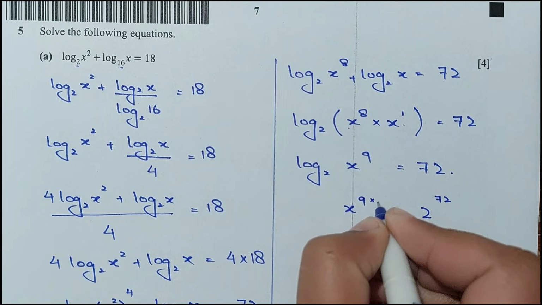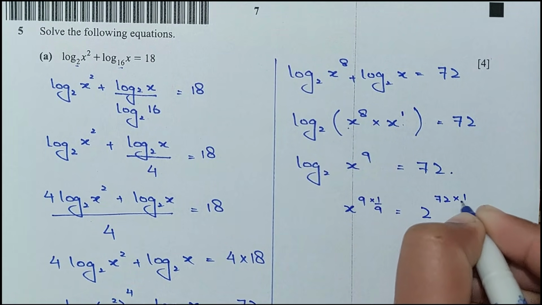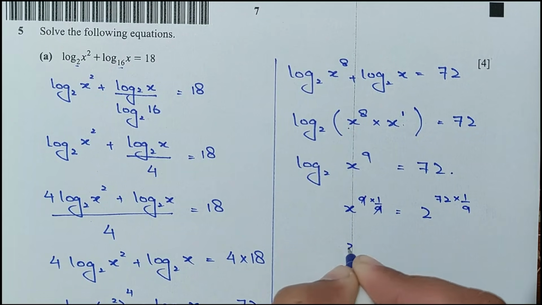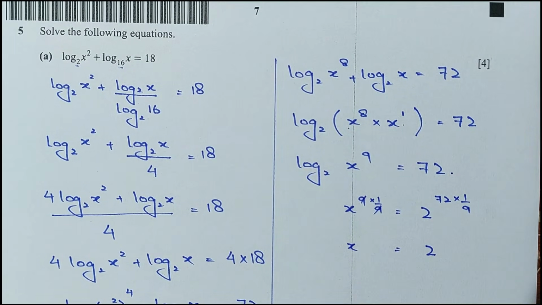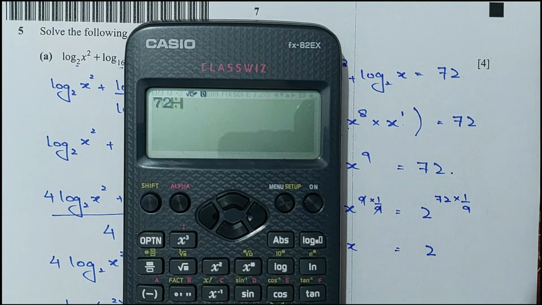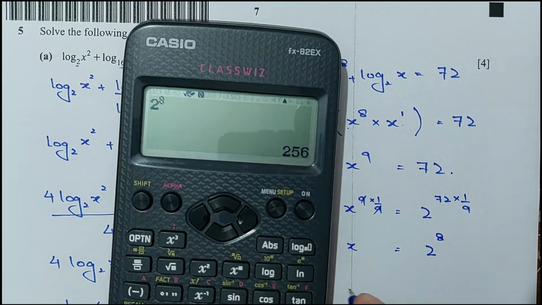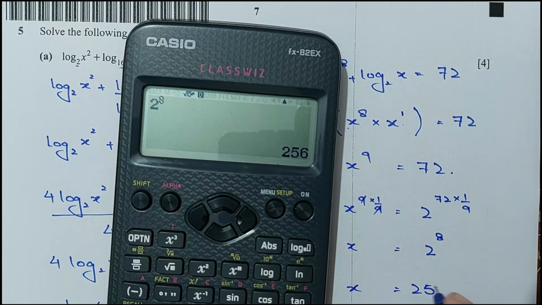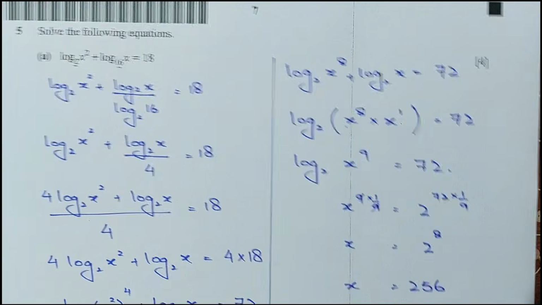Let me take power 1 by 9 on both sides to solve for x. 2 to the power 72 by 9 is 8, and 2 to the power 8 is 256. This is the solution for x.